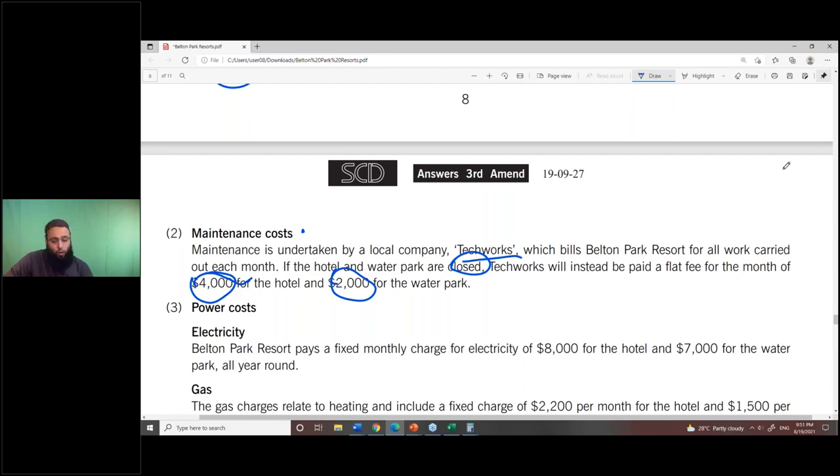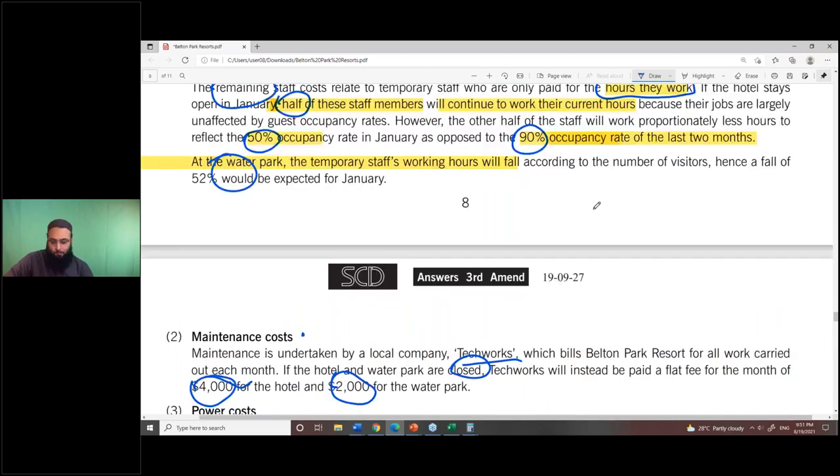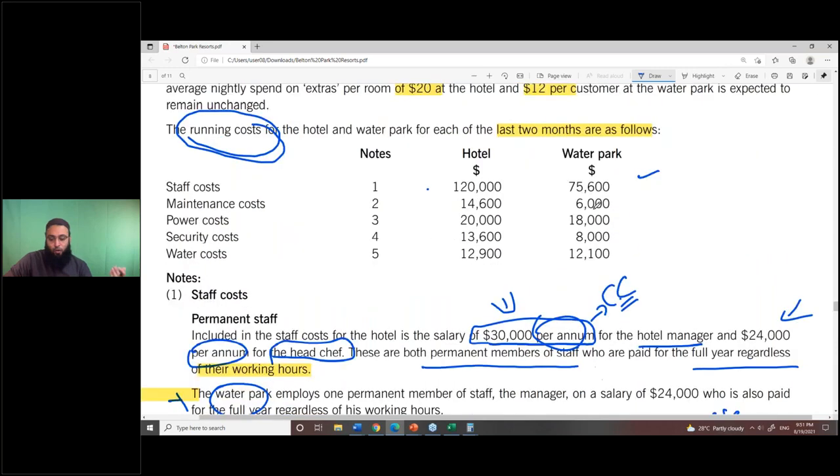And what if we don't close it? So if we don't close it, we'll continue to pay the amount that we are paying right now. Right now we are paying 14,600. And if we discontinue it, we still have to pay 4,000. So how much is relevant incremental for this decision to keep it open?